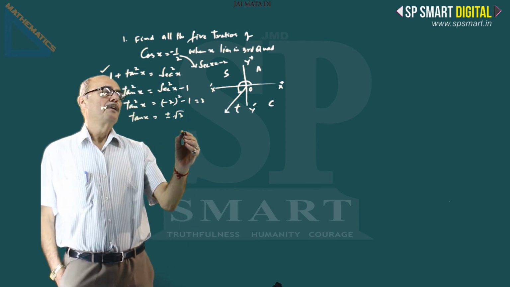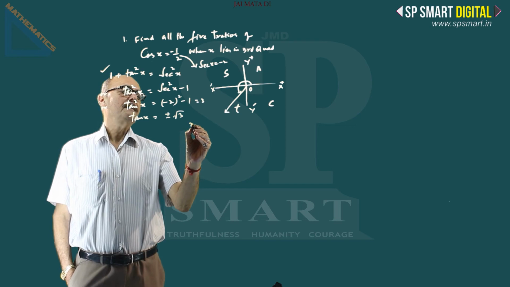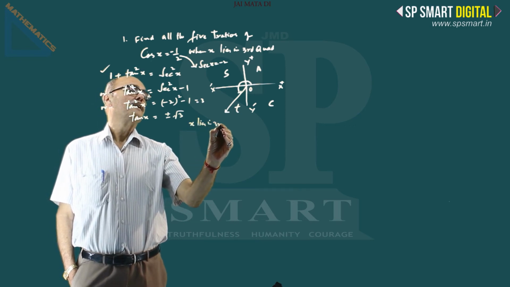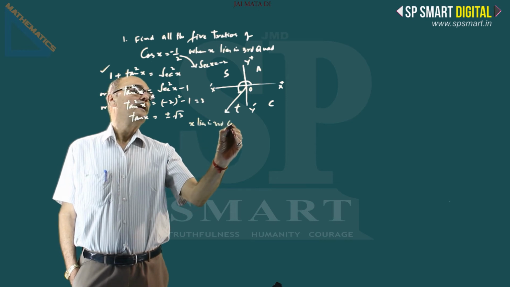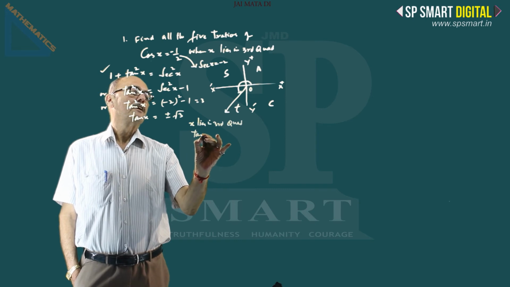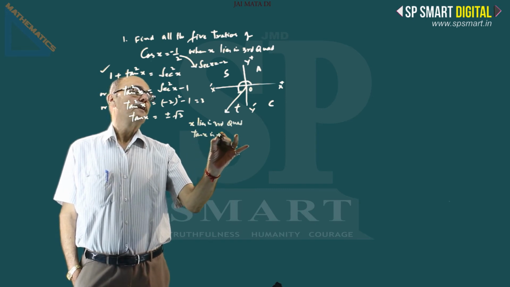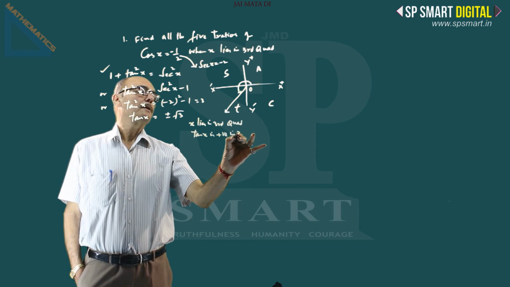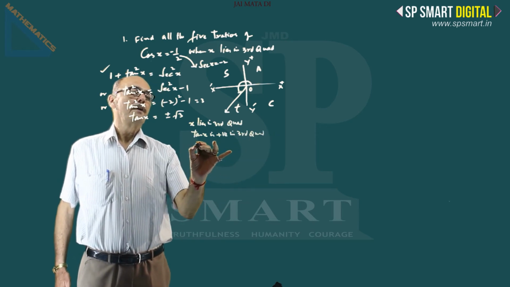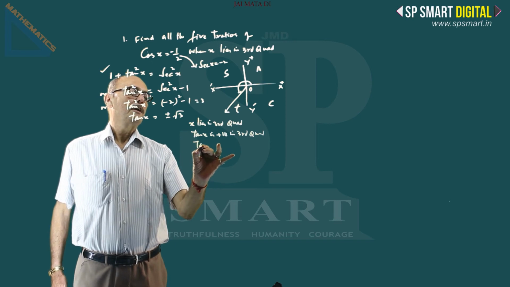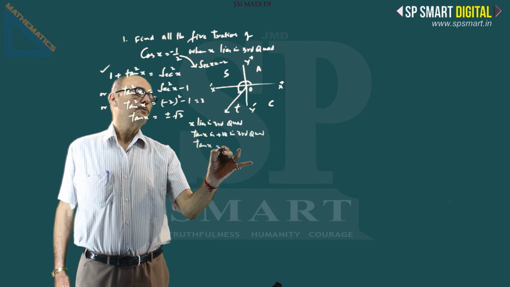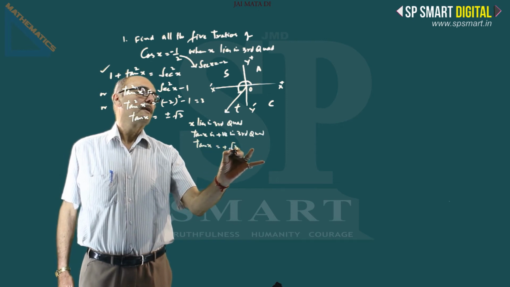Since x lies in third quadrant and tan x is positive in third quadrant, therefore, taking tan x equals to plus root 3.